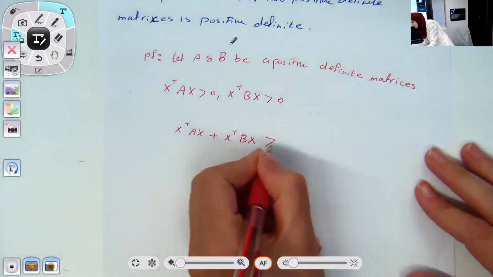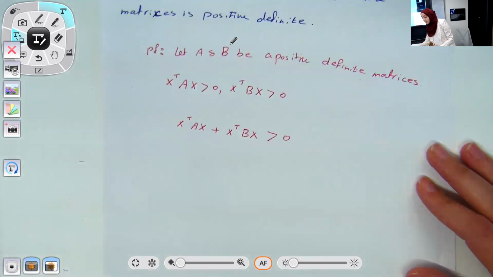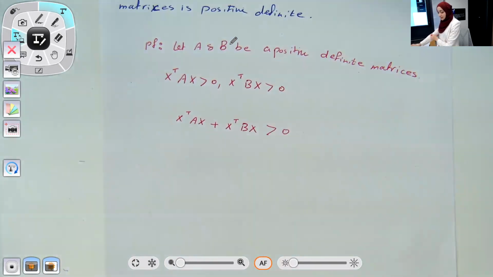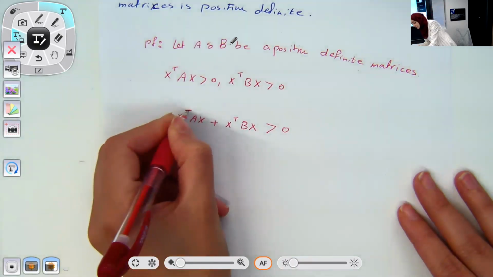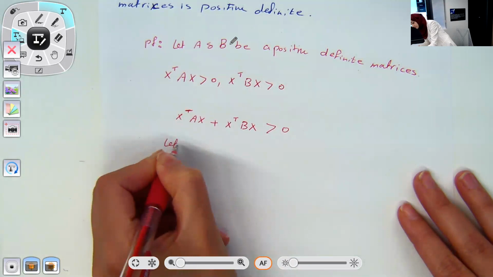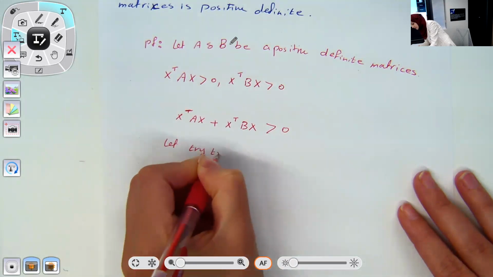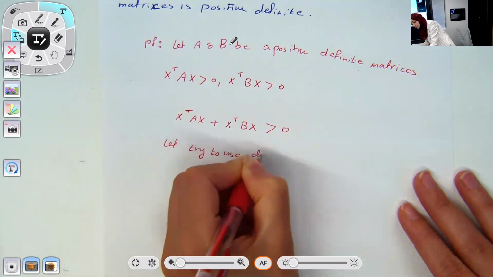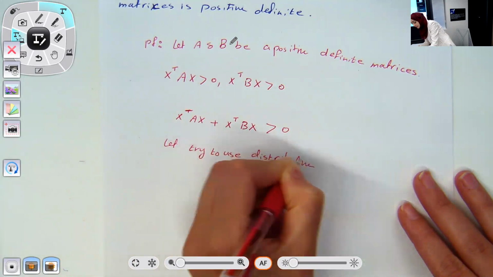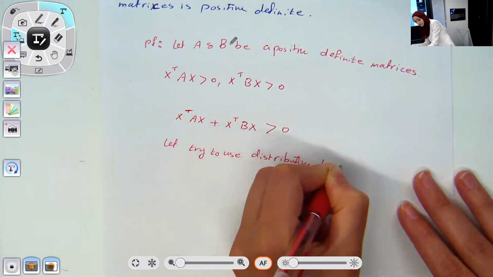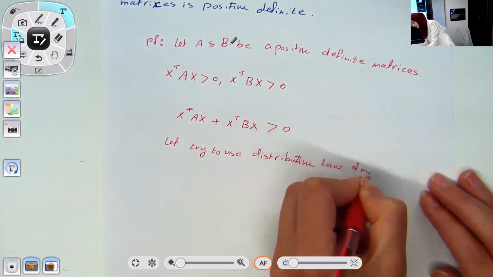Now let's use the distributive law of matrix multiplication.